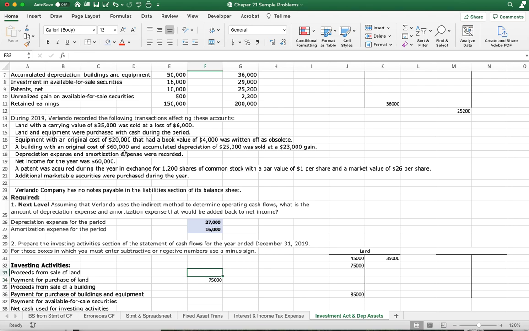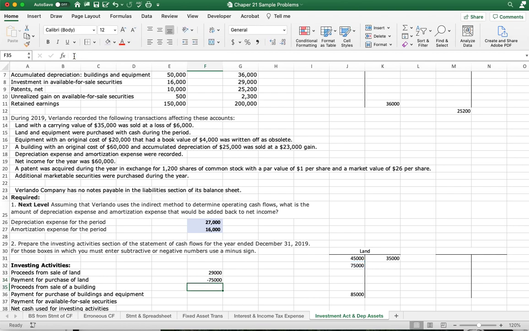For the proceeds, if it had a carrying value of 35,000 and was sold at a loss of 6,000, we know it's just the difference. So that 35,000 minus 6,000, or sorry, not the loss of 6,000, just the proceeds of 29,000. And then this payment for the purchase of land, we really want that to come over as a negative number.